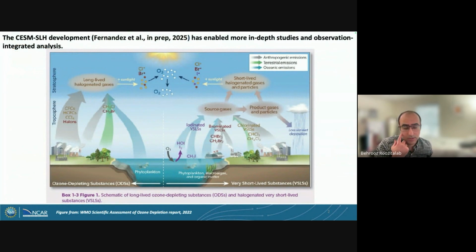So Doug showed this figure yesterday that shows the impact of halogens and what's happening because of them. We have the long-lived halogens that have been controlled successfully over the years, and now the attention is going toward the short-lived halogens, and one specific group of them called very short-lived substances.